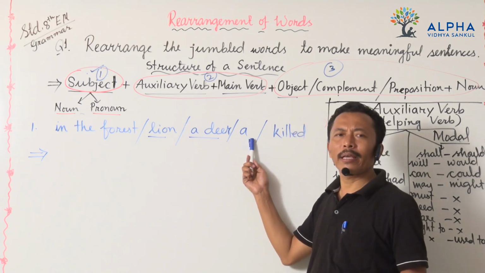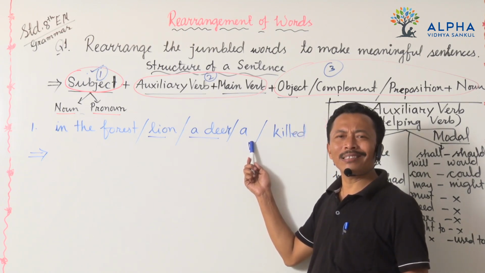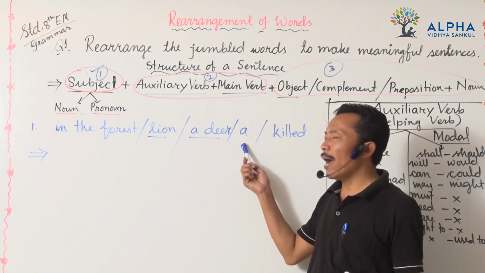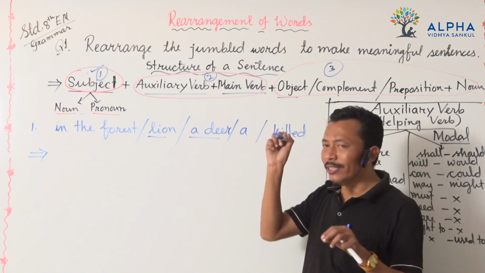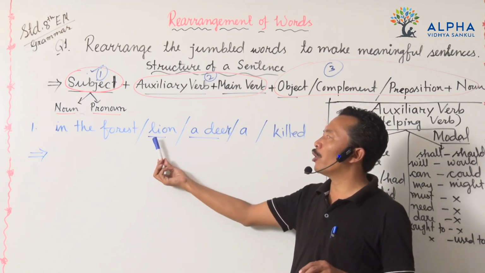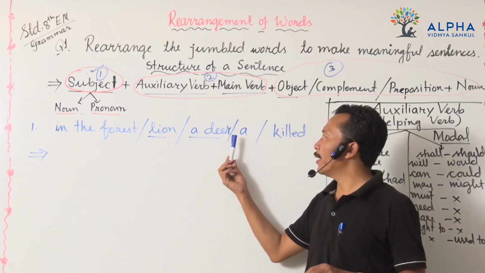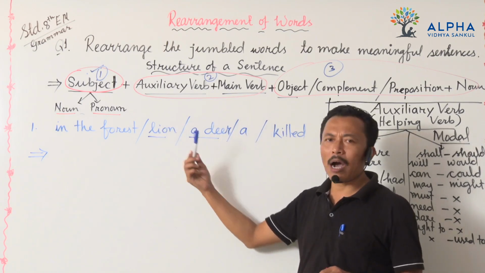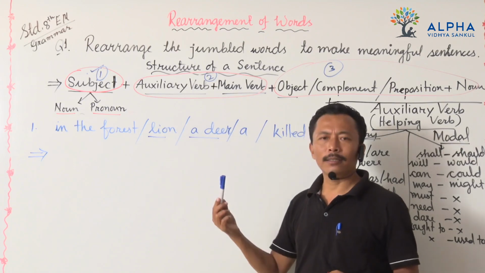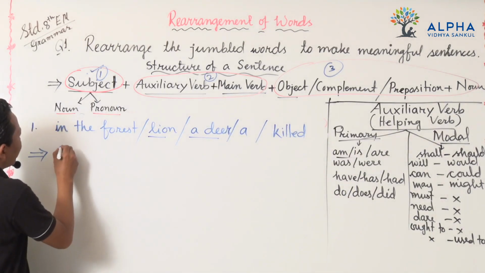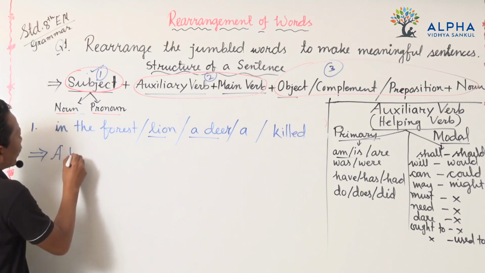But where is the article A? Where do we have to insert it, where do we have to put it? Yes, we can put it just before the subject, just before the noun. Say a lion. The first is a, lion.